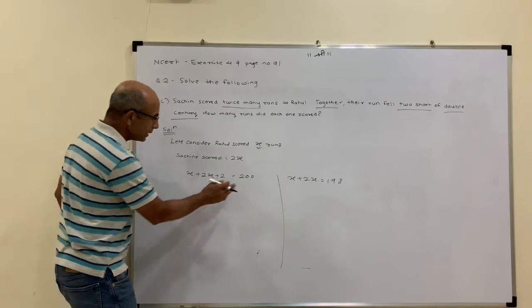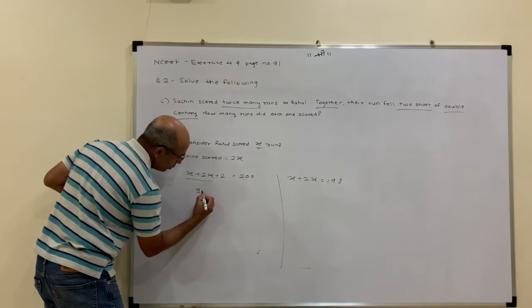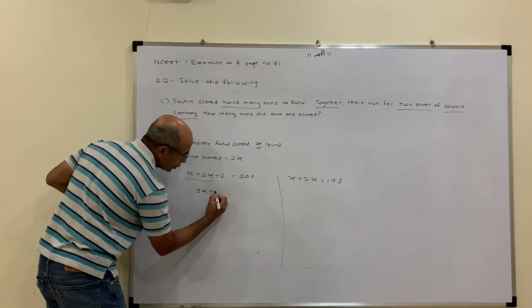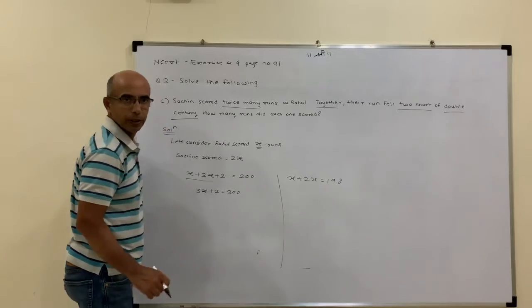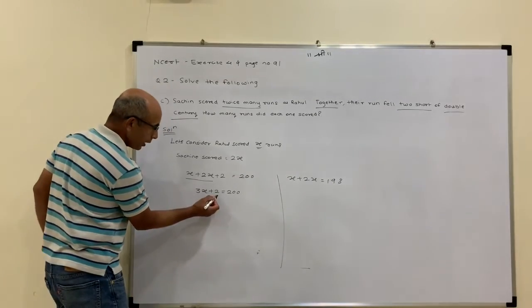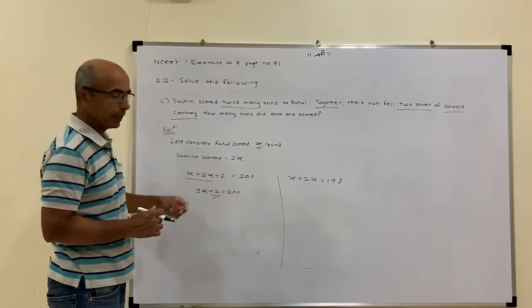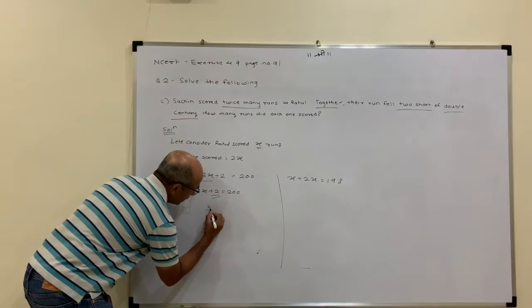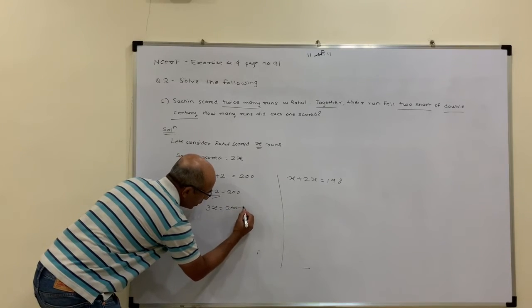So now let's consider this one. Now x plus 2x equals to 3x plus 2 equals to 200. Now we'll transpose this plus 2 from left hand side to right hand side. So my equation will be 3x equals to 200 minus 2.